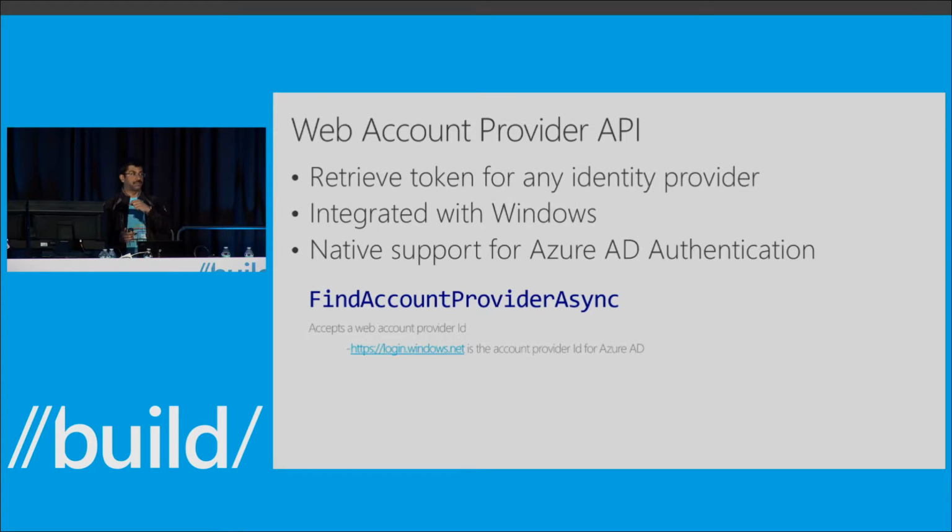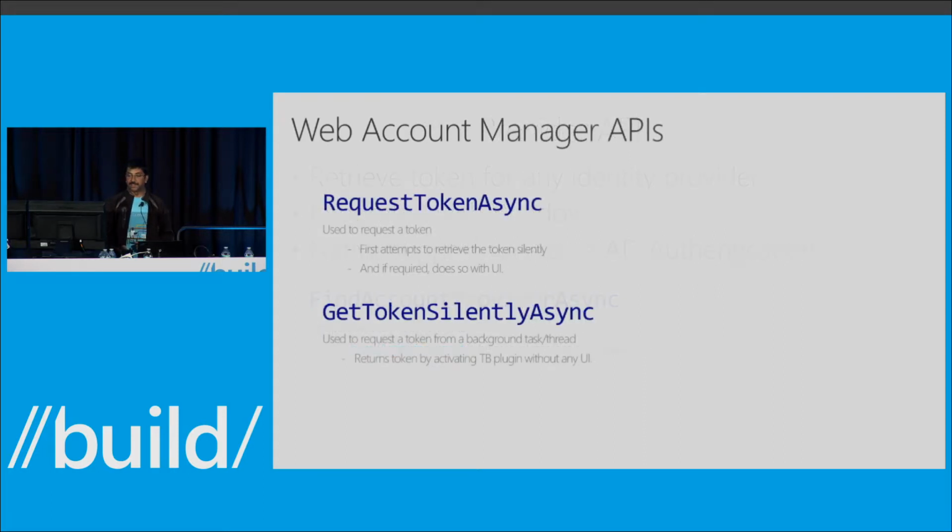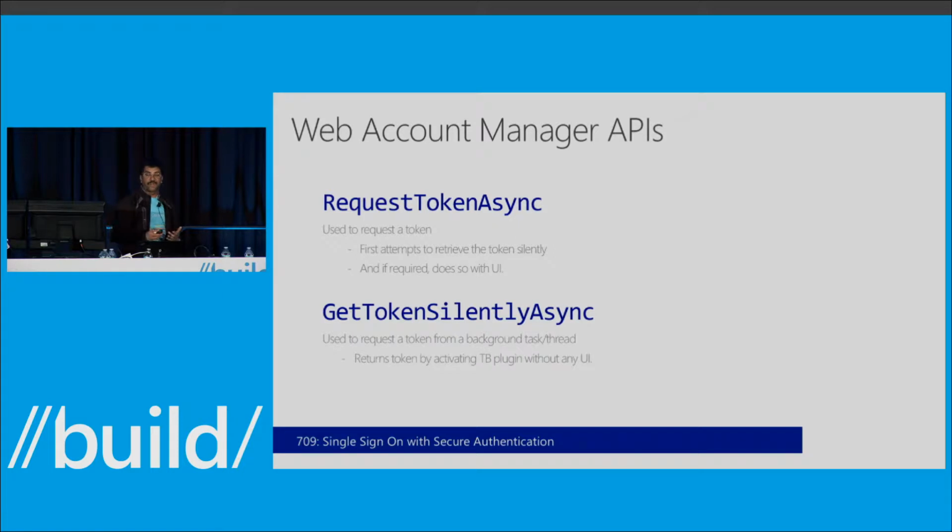Once you get that, the next thing is you can use the Web Account Manager APIs to request a token from Azure AD for different resources. Or if you have already done that flow, you can use GetTokenSilentlyAsync and not prompt for authentication, because everything is cached.